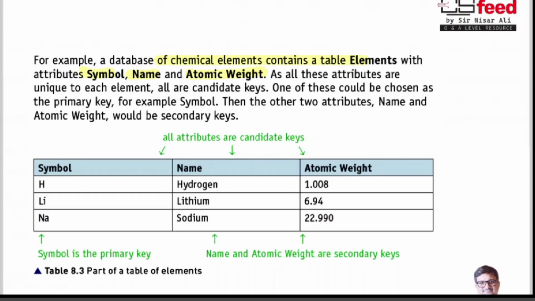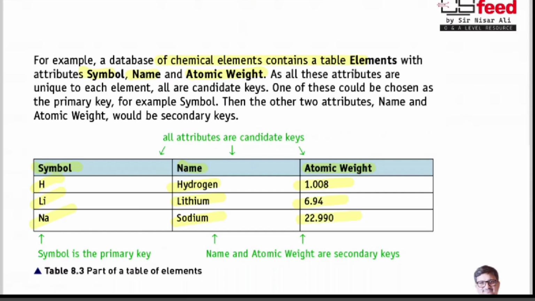Now, if you see this table, elements, these are the fields in the columns: symbol, name, and atomic weight. And all these attributes are unique to each element. All attributes are unique in the sense that the data in symbol is H, Li, Na, name is hydrogen, lithium, sodium, atomic weight is 1.008, 6.94, 22.990.